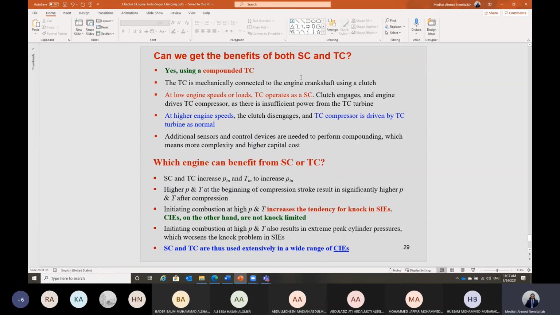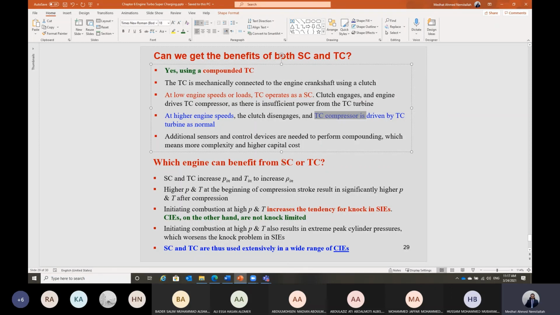But can we get benefit from both of them at the same time, turbocharger and supercharger? Yes, we can use a turbocharger with a compressor. We can connect the compressor to the crankshaft to drive it at part load condition or at lower engine speed, and at higher engine speed, we can just drive the compressor through the turbine. So we can combine them together in one engine.